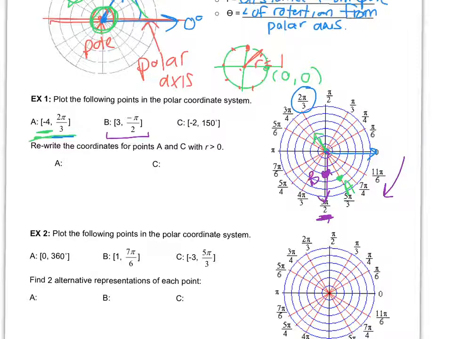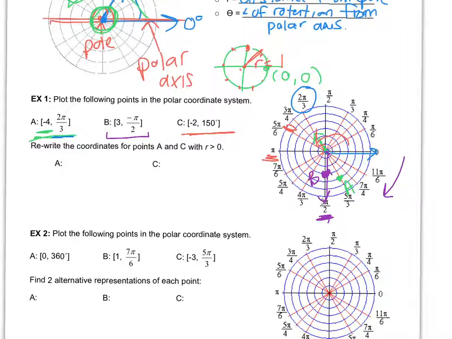And then for this last one here, we're going to rotate 150 degrees. If you think about pi being 180, 150 is this one, 30 degrees short of it. So the value of theta, we're opening up in the positive direction of 150.